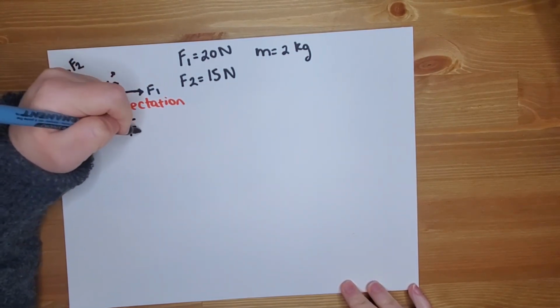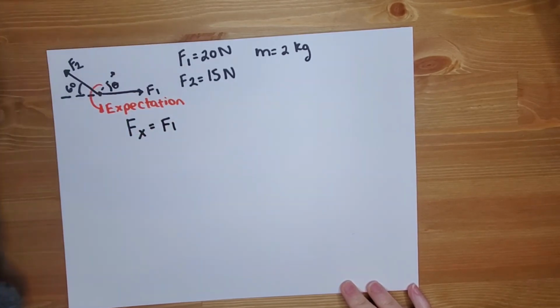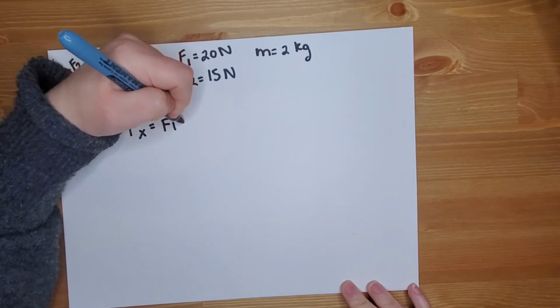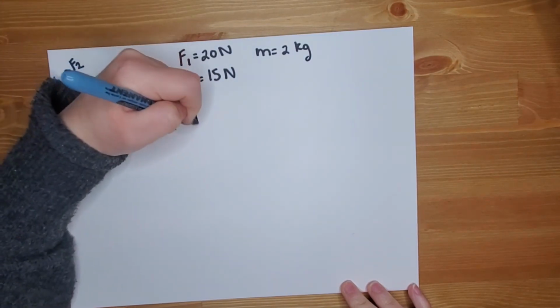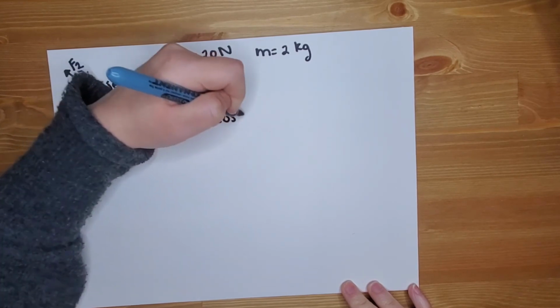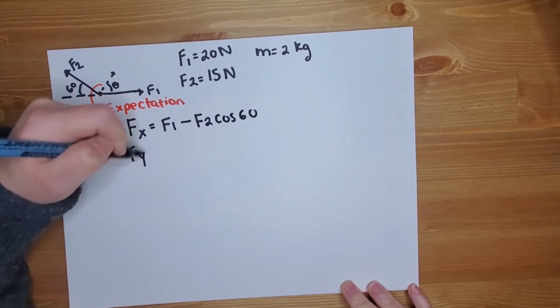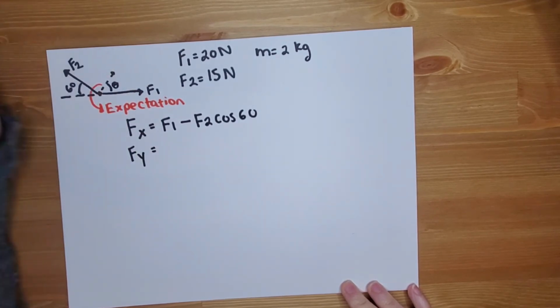So now let's solve for the horizontal force component. We can again add F1, and since F2 is going in the negative horizontal direction, because we are considering my east side to be the positive, then west is negative, I have to subtract the horizontal component of F2.